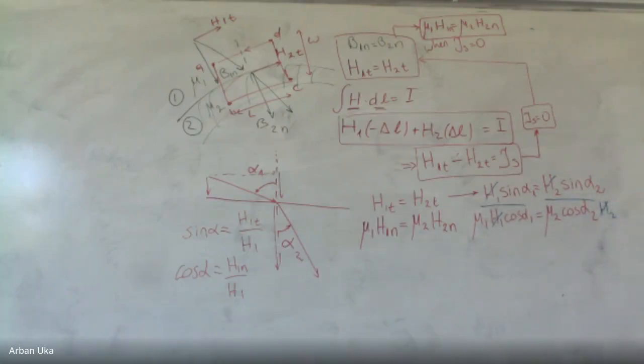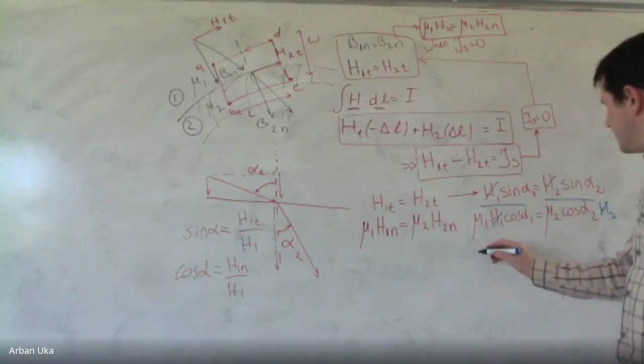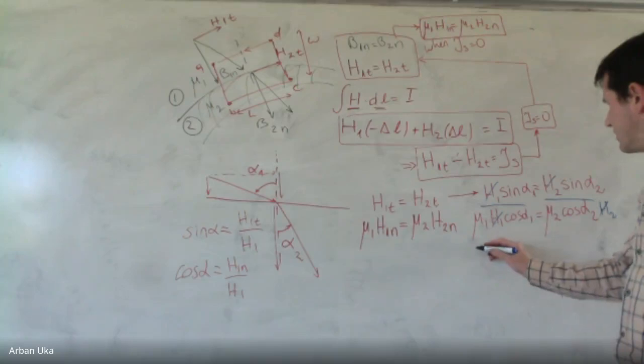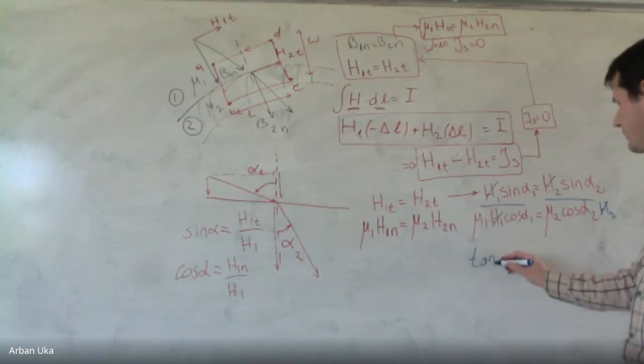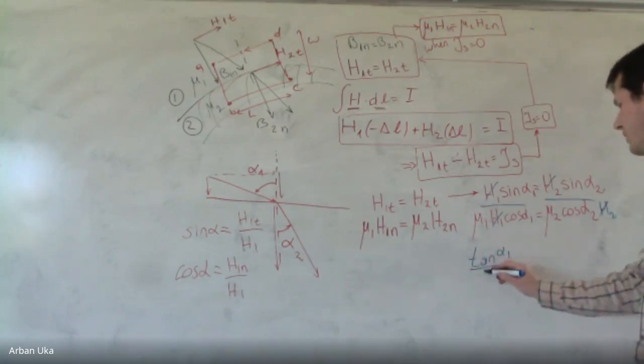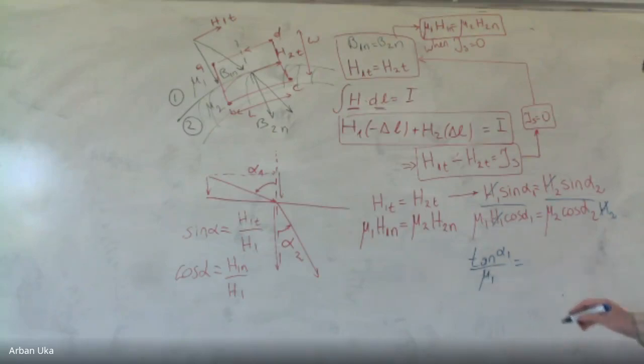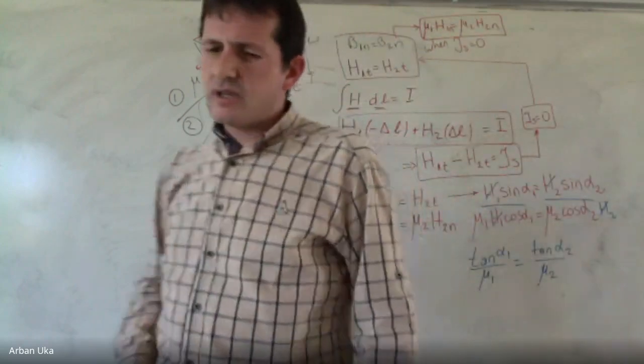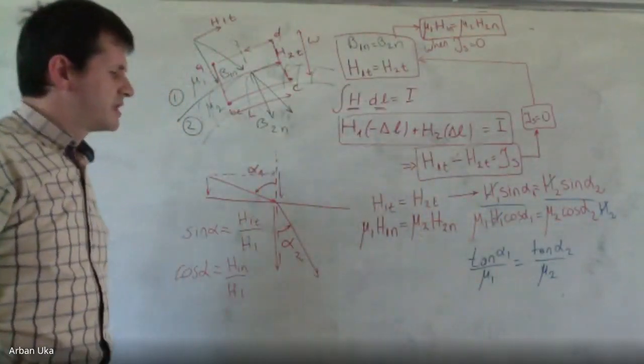So these will be cancelled out, and it looks like the tangent of alpha 1 over mu1 is equal to tangent of alpha 2 over mu2. So if you check carefully, this is really equivalent to the Snell's law.